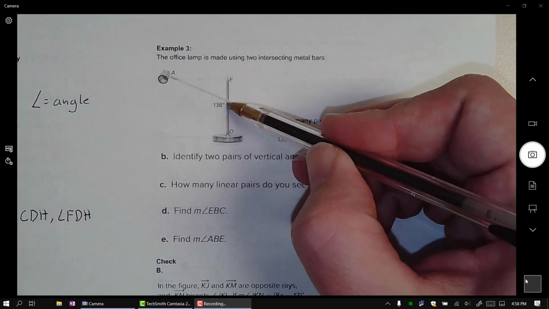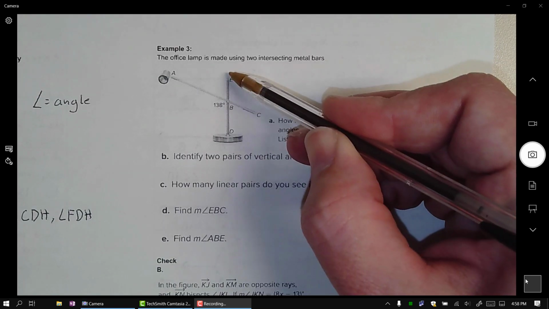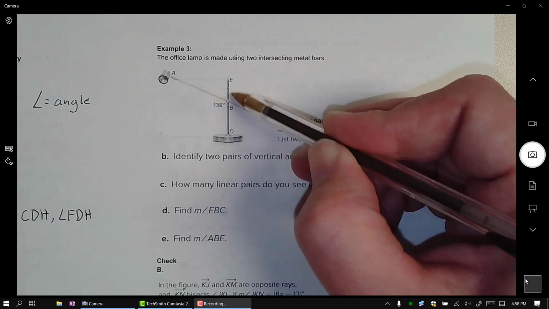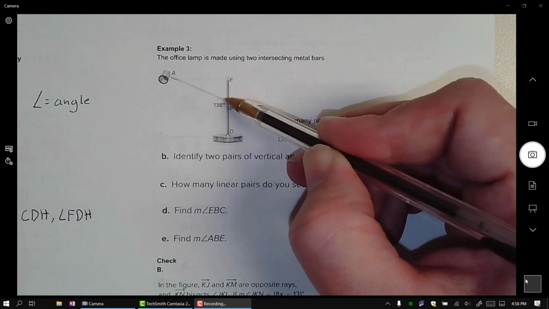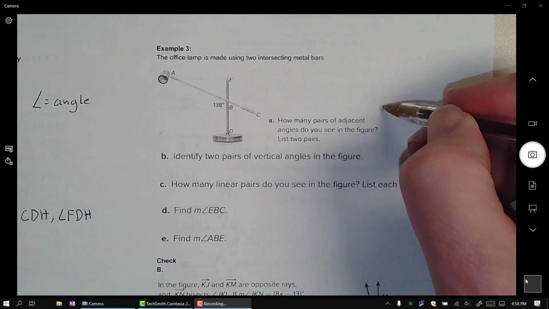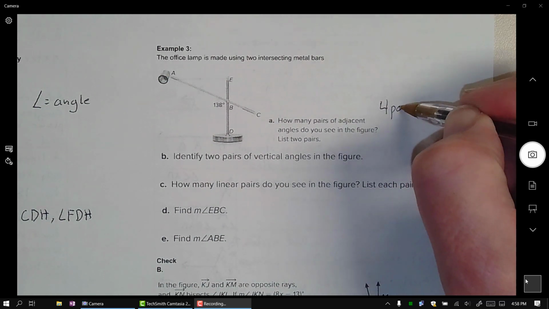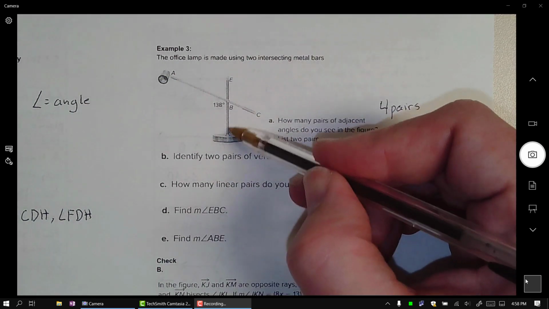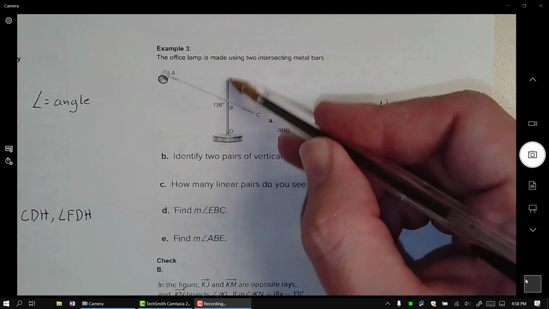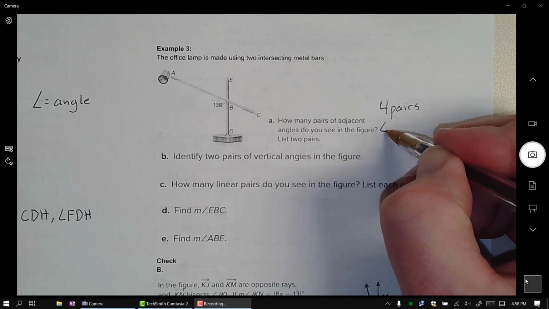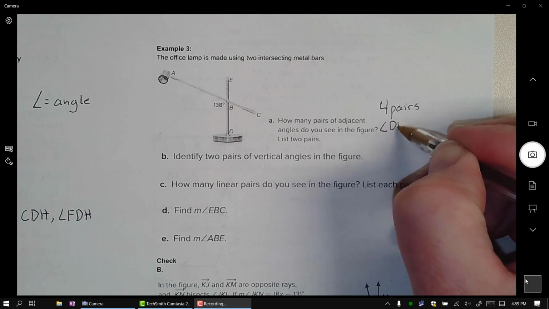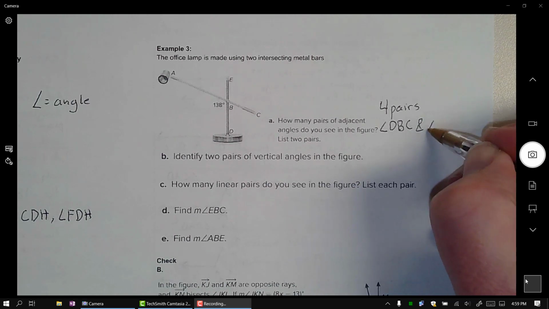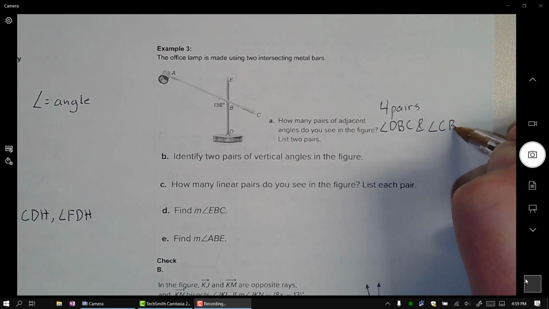So we have one with another one, so that's 1 pair, 1 with another one, that's 2 pairs, 1 with another one, that's 3 pairs, and 1 with another one, that's 4 pairs, so 4 pairs. So let's list 1 pair. Well, DBC and CBE. So angle DBC and angle CBE.